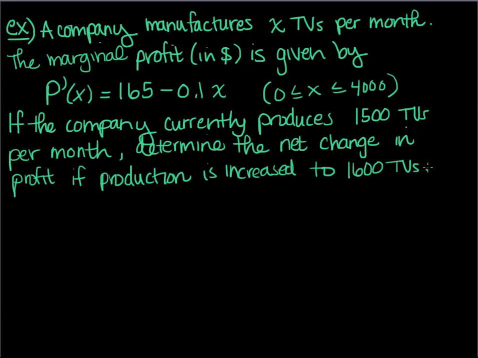Okay, so if we're currently at 1,500 TVs per month, 1,500 and 1,600 lie in this interval, so this is a valid mathematical model for that.